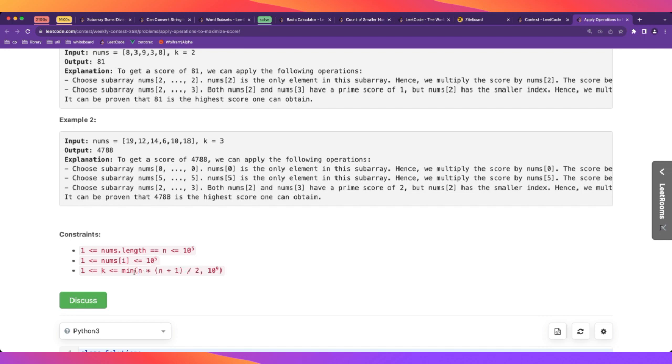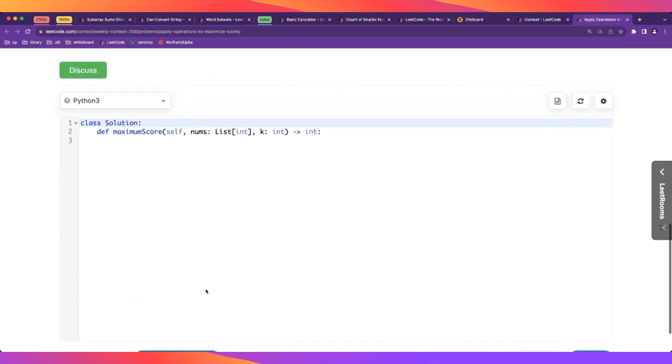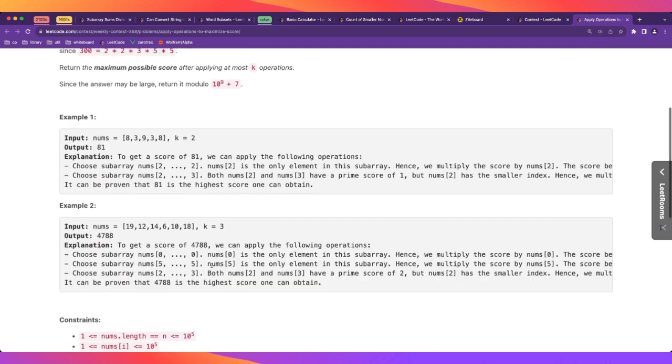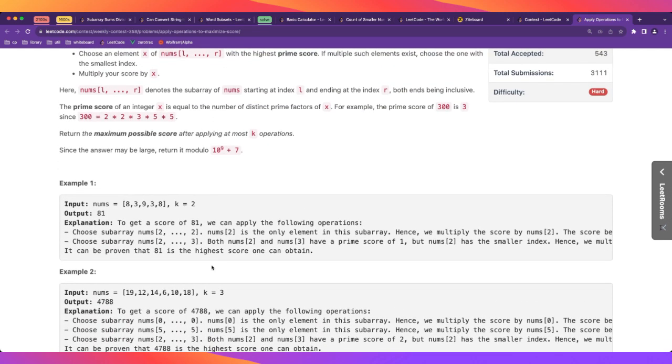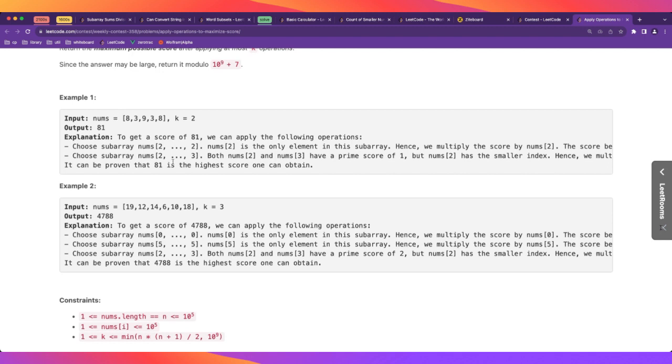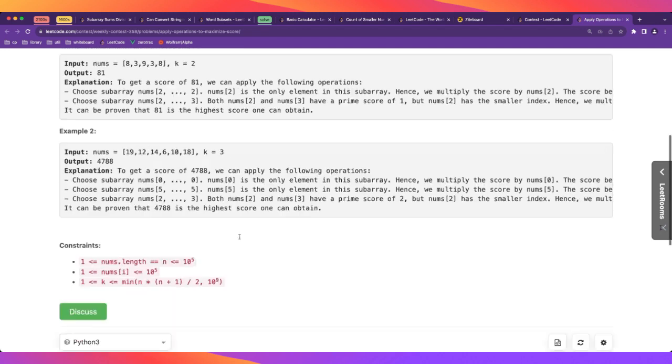So of course k cannot be greater than that, but they remind us, which is nice. So here I think you get 81. So yes, it's a little hard to follow the whole examples.